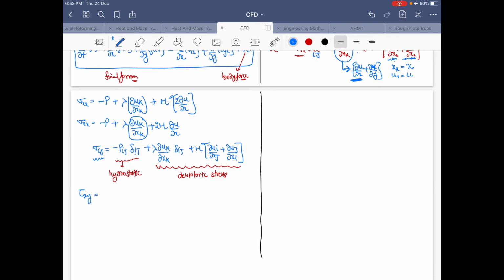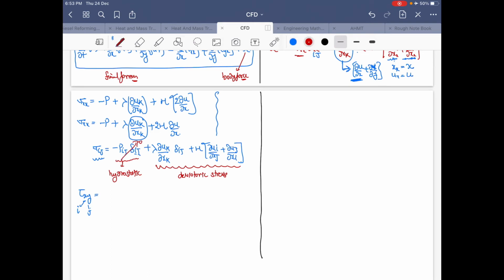Here since i is x and j is y, i is not equal to j, so I will write in more detail. In tau i comma j, i equals x and j equals y, so the Kronecker delta, with i not equal to j, goes to 0.